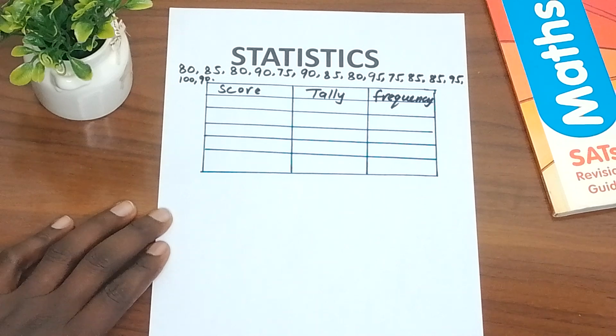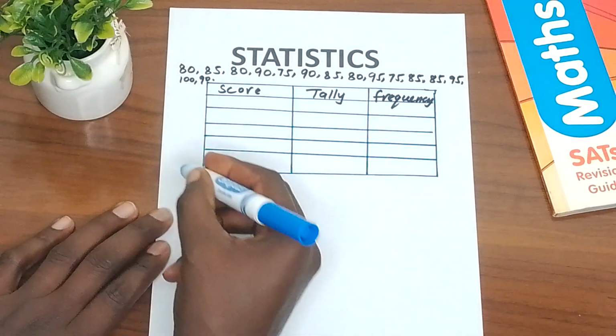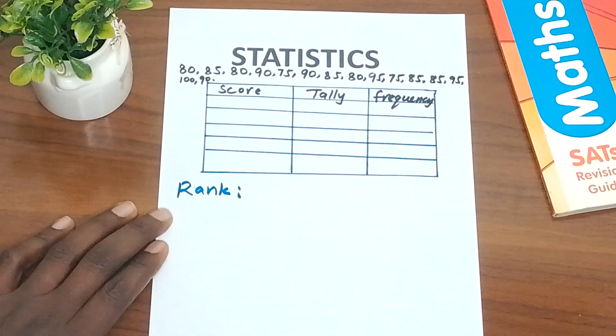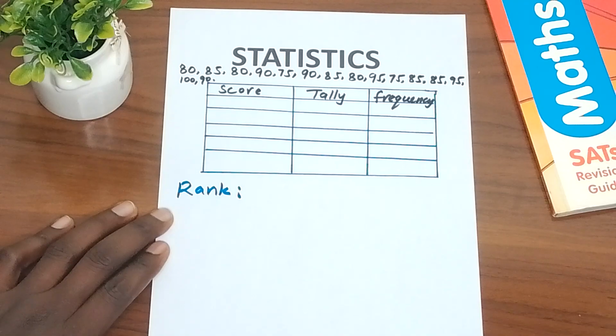That is a new term we are learning. Rank means we are going to arrange the data in order from the smallest to the biggest, or from the biggest to the smallest.